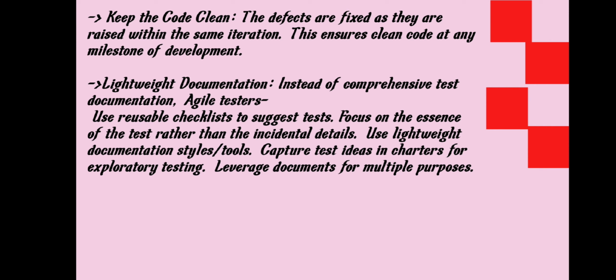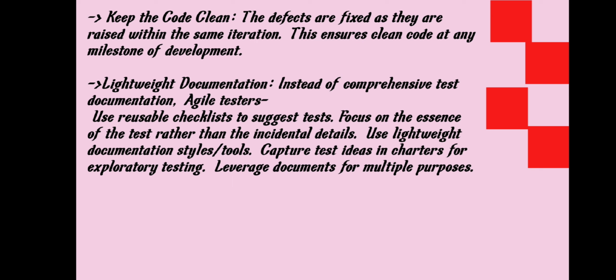Next is keep the code clean. The defects are fixed as they are raised within the same iteration. This ensures clean code at any milestone of development. Next, lightweight documentation. Instead of comprehensive test documentation, Agile testers use reusable checklists to suggest tests.